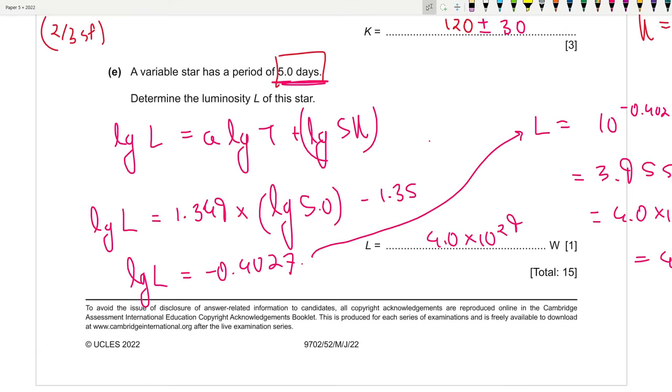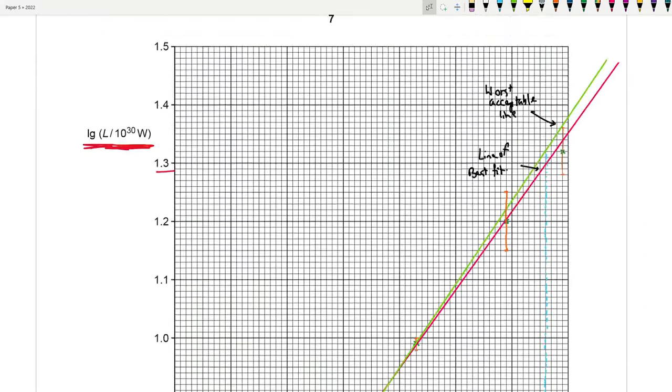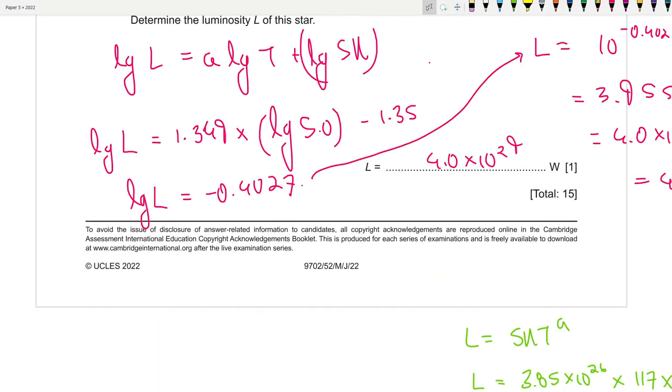T is 5 days. Okay, so we didn't convert days to seconds, so no need to do that. 5.0 to the power A. What is A? The value of the gradient, right? Which is 1.349. Okay, let's try doing this.